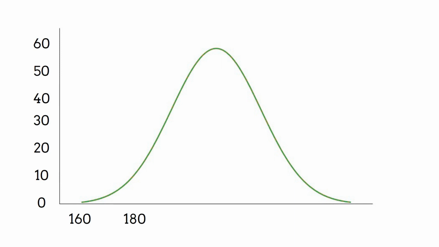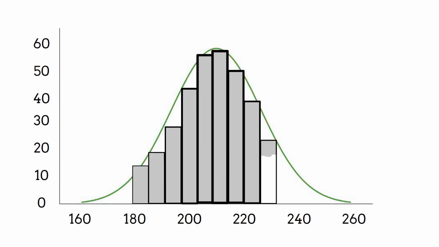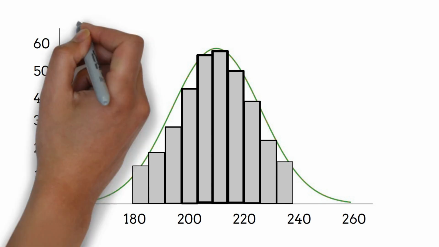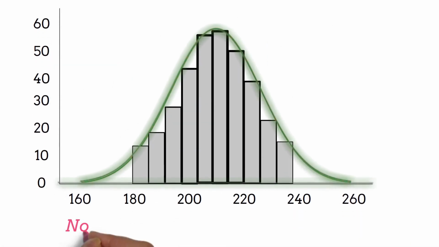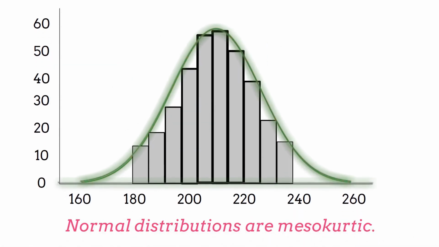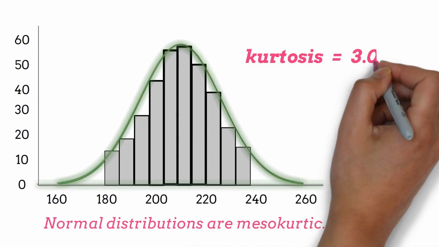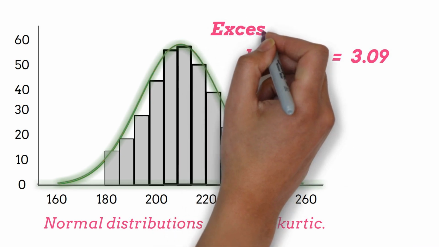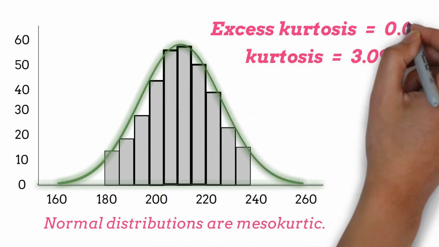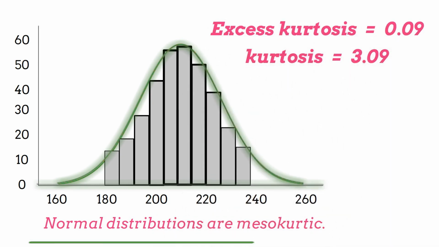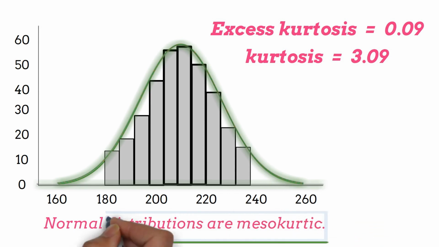From the graph, we can see that the frequency distribution shown by gray bars approximately follows the normal distribution shown by the green curve. Normal distributions are mesokurtic. The zoologist calculates the kurtosis of the sample. She finds that kurtosis is 3.09. The excess kurtosis is 0.09, and she concludes the distribution is mesokurtic.